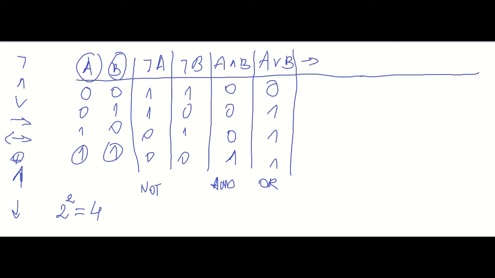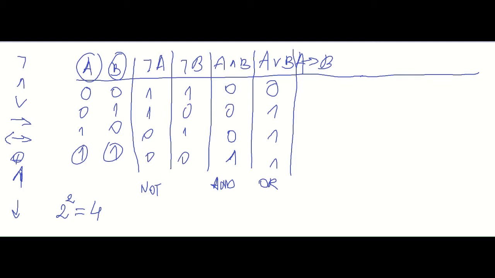Okay. Let's continue, and now let's draw a column for implication. A implication to B. The law of implication says that the result of implication from A to B will be false in the case when we have a true premise and a false conclusion.